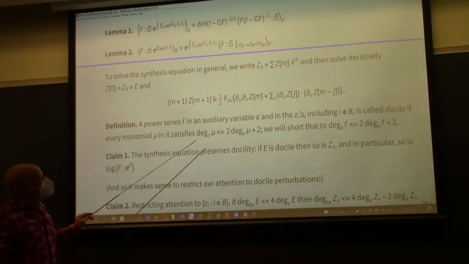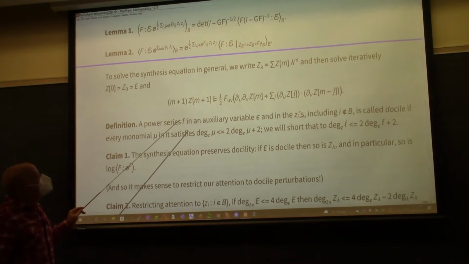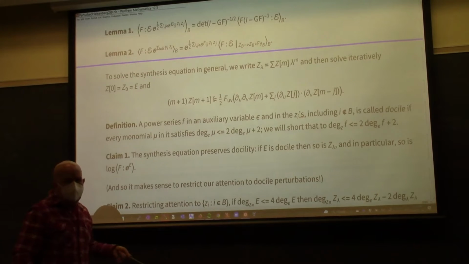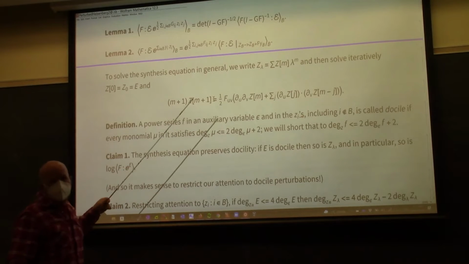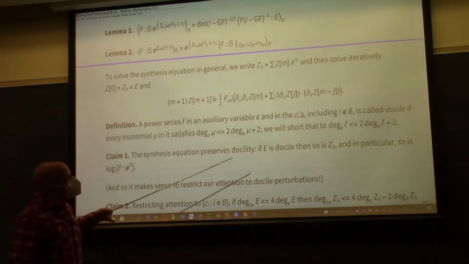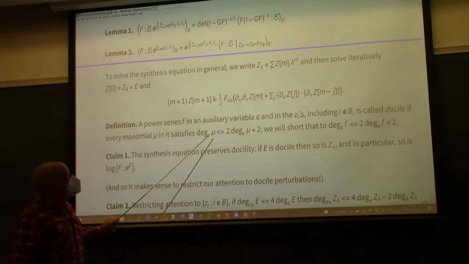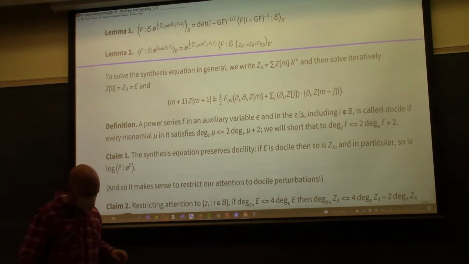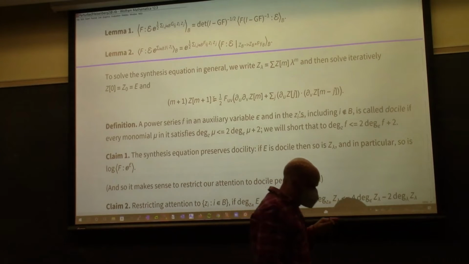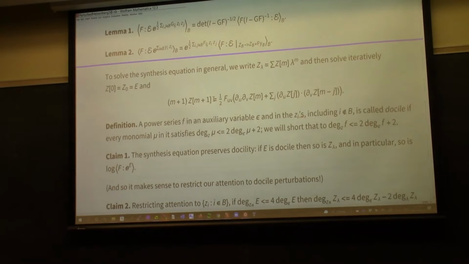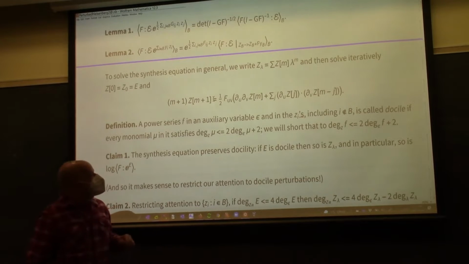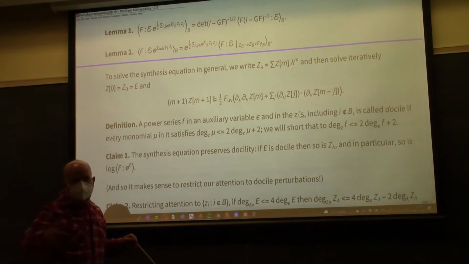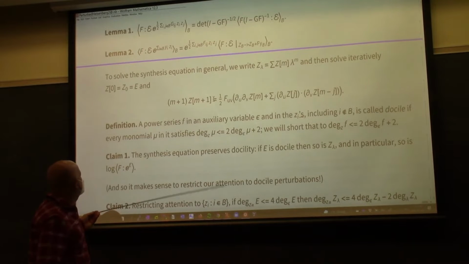One is that if the perturbation starts docile, it stays docile. So applying the composition operations keeps it docile, where docile means that the degree in the z variables, namely in the x, p, psi, and pi variables, is less than 2k plus 2, where k is the degree in epsilon, the degree in perturbation theory.